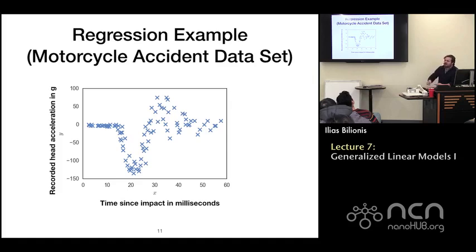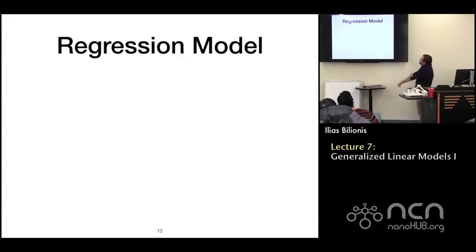The problem that will remain at the end will be the heteroscedastic noise, which we can solve, and I'll tell you how you can solve it in principle, but we're going to need Markov chain Monte Carlo to carry out the necessary computations.